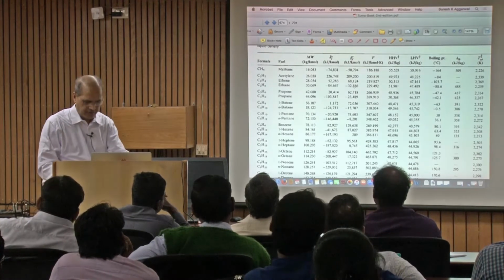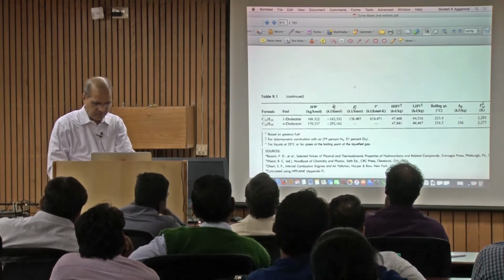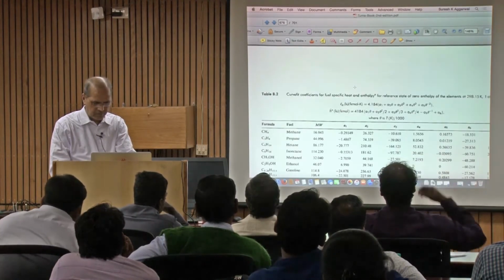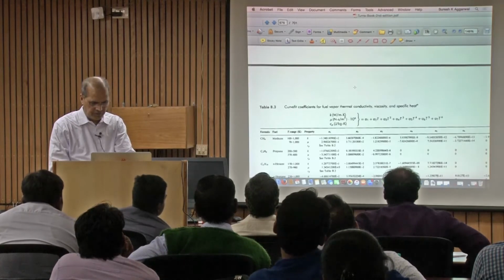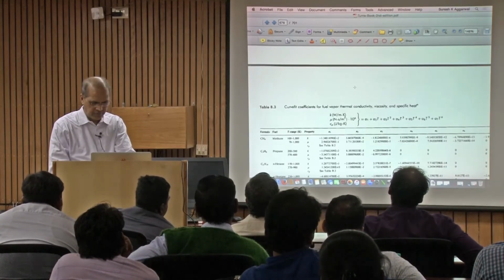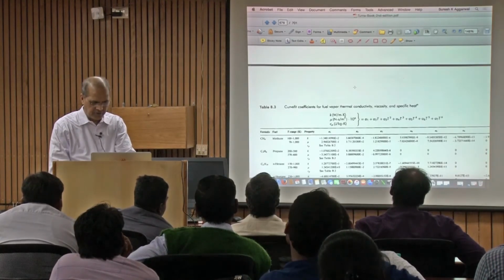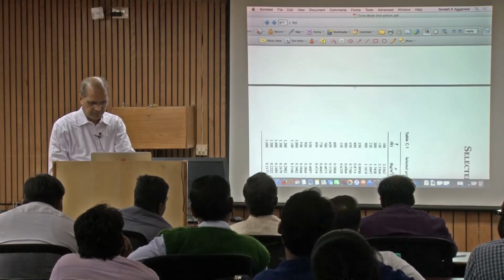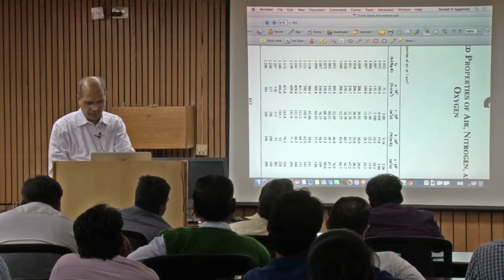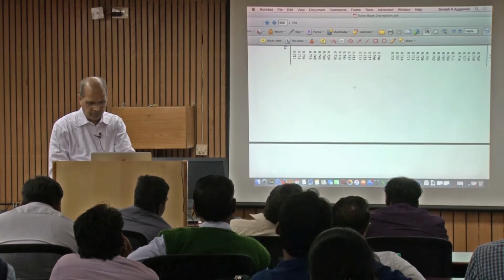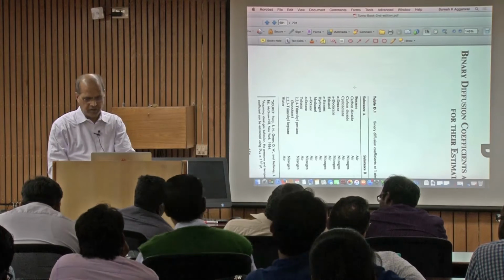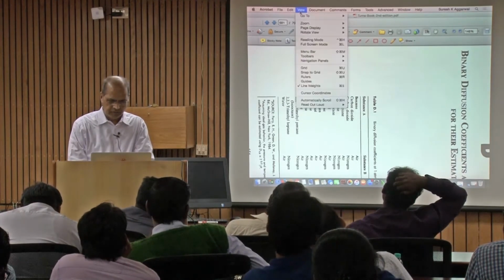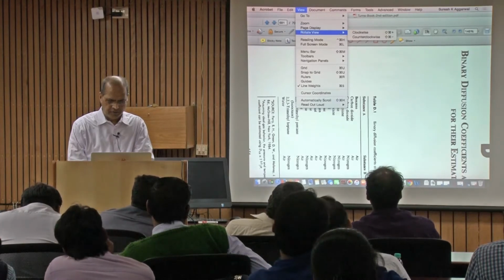These are some for other species. These are other properties like thermal conductivity. Oh, this is what we are looking at. Let me rotate it.